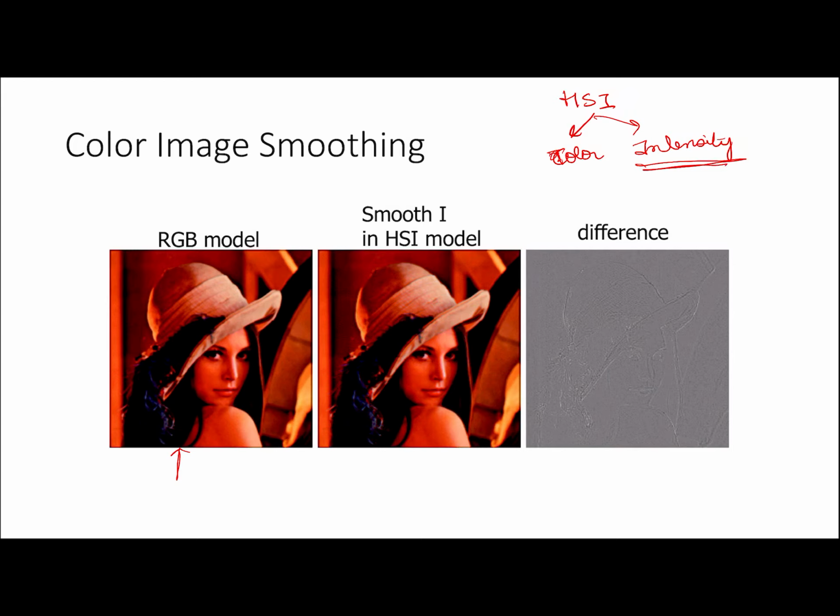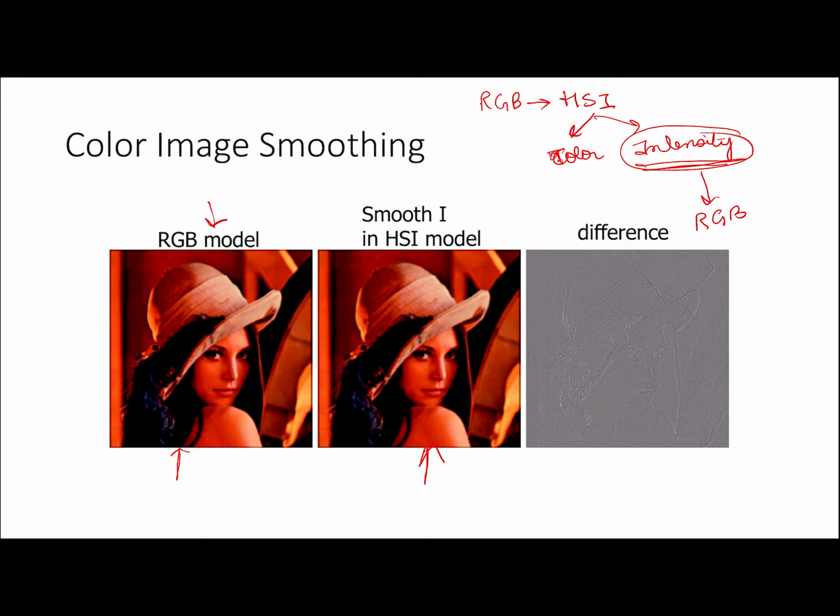To illustrate the consequences of this approach, suppose we had this RGB image. We first converted the RGB image into an HSI image, applied smoothing only on the I component, and then converted the HSI image back into an RGB image for display. So this is the image we have obtained.